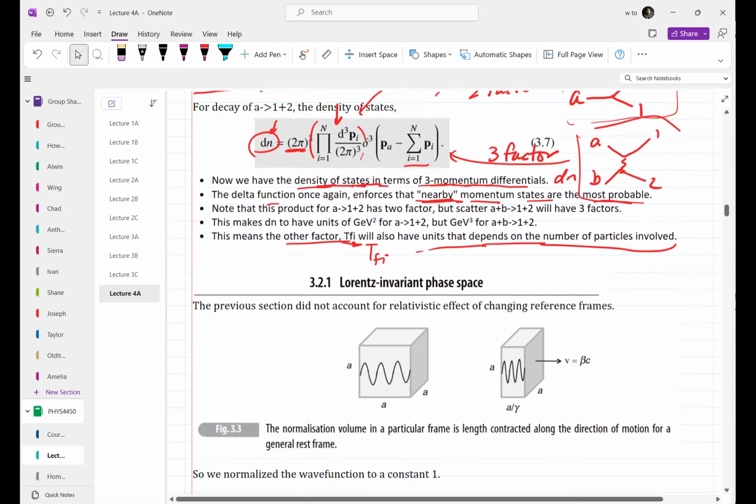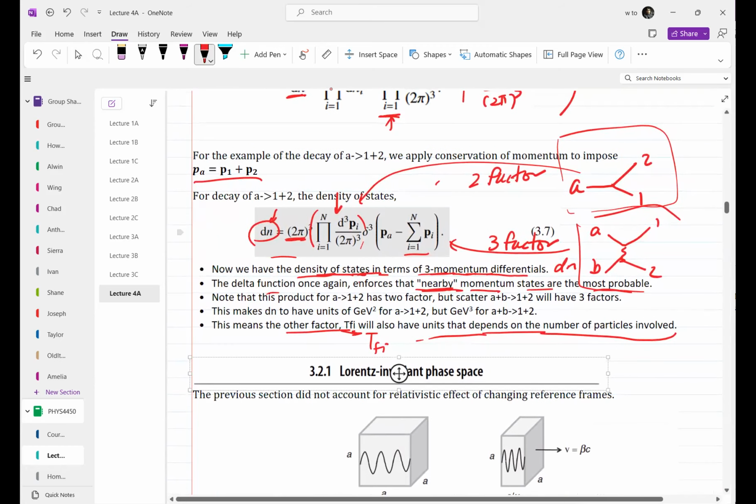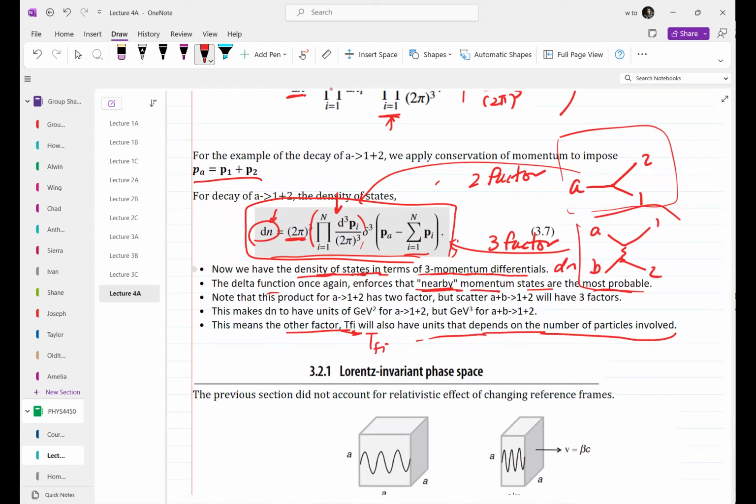If you read Griffiths, he just puts this down and then you're good. He didn't tell you where it comes from or why it's like that. So I'm trying to do the middle thing where I'm describing what Thomson is doing without doing all the algebra steps, that's all. Any questions about this little factor here, the density of state factor?